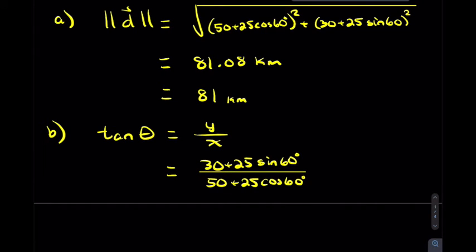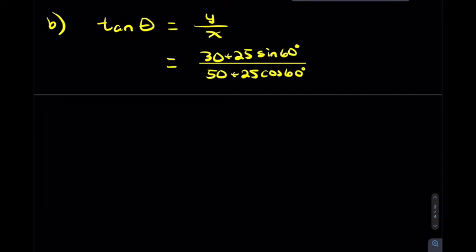Those are degrees, right? So it's the y component over the x component. And then we just find tan inverse. So the angle would be tan inverse of this number.